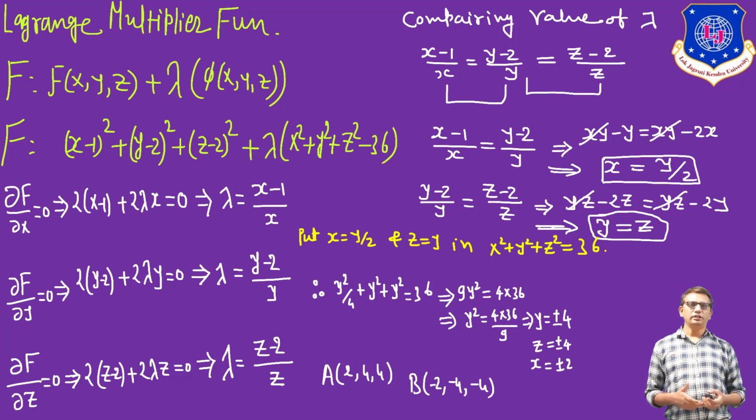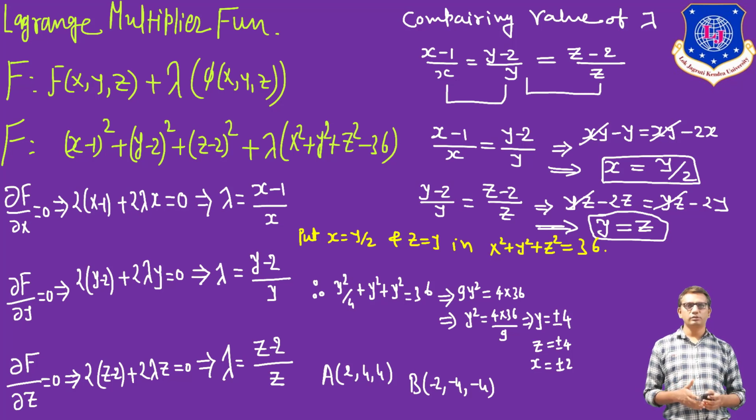If we calculate our distance from the point P to the points A and B, then we get the maximum and minimum distance from the point P (1, 2, 2) to our sphere. So that is the method to find the optimization of our given function with respect to some condition.